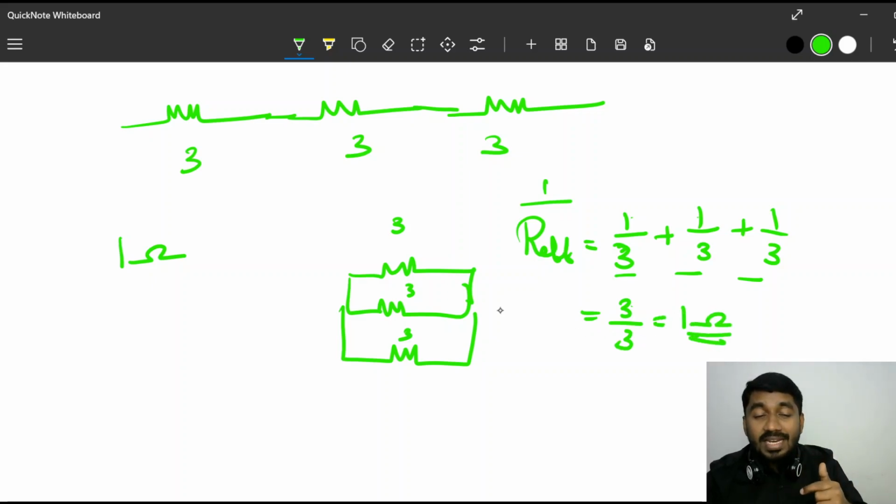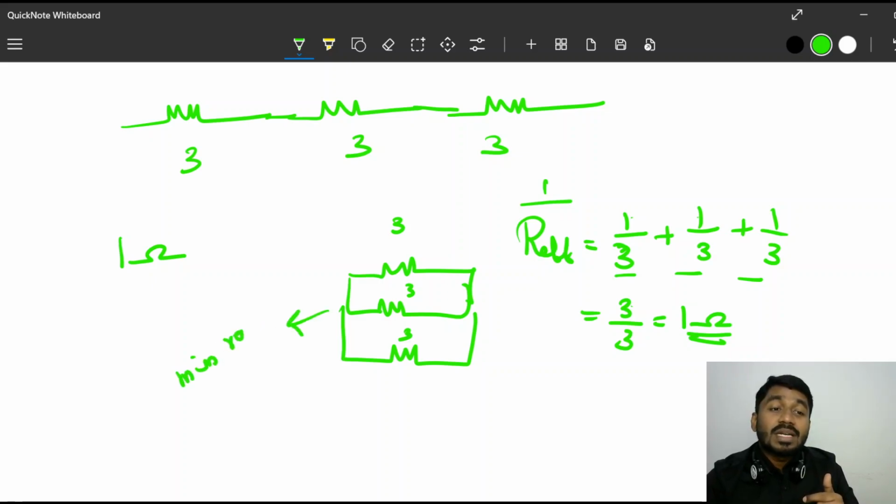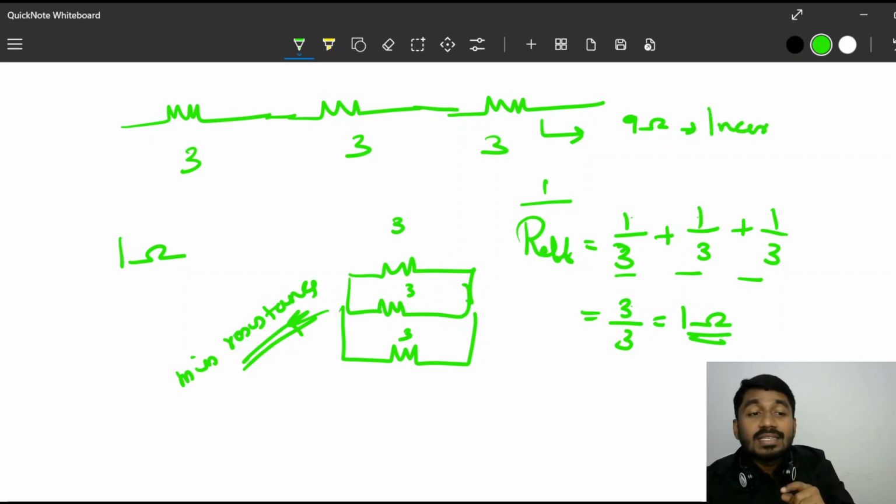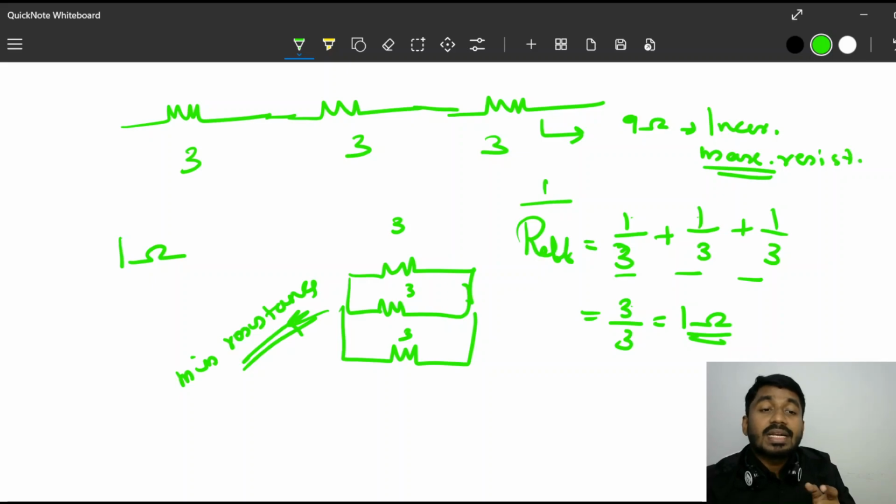So in parallel connection we are getting minimum resistance, meaning the resistance value decreases. But in series connection, the resistance value becomes 9 ohm, meaning the resistance value increases. So we can write: series connection means maximum resistance and parallel connection means minimum resistance. I hope this point is also clear.